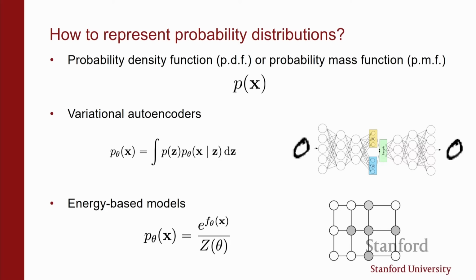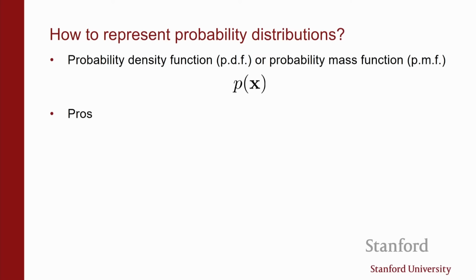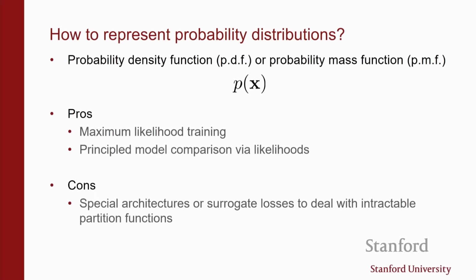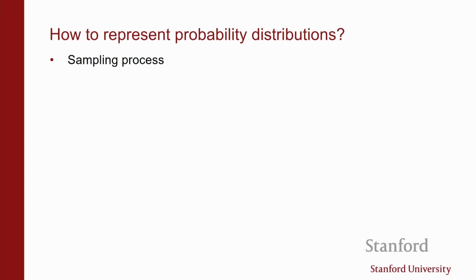We've talked about a bunch of techniques to get around the fact that you have to evaluate Z theta, and to avoid likelihood-based training, and various ways of training energy-based models. The pro here is that you can do maximum likelihood training, which is principled and great. It's a loss that you can monitor, you can see how well it goes, it's optimal in a certain sense, and you can compare models. But you have to deal with restricted architectures. You can't plug in an arbitrary neural network to model the likelihood.